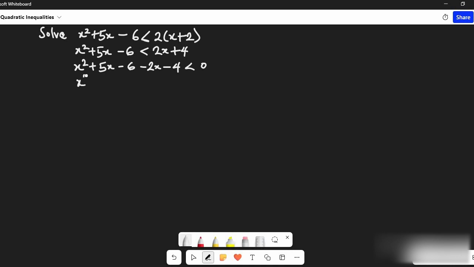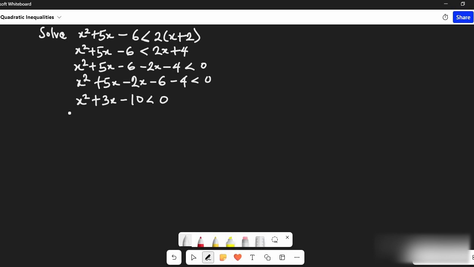We have that this is x squared plus 5x minus 2x minus 6 minus 4 is less than 0. So this is x squared plus 3x minus 10 is less than 0.